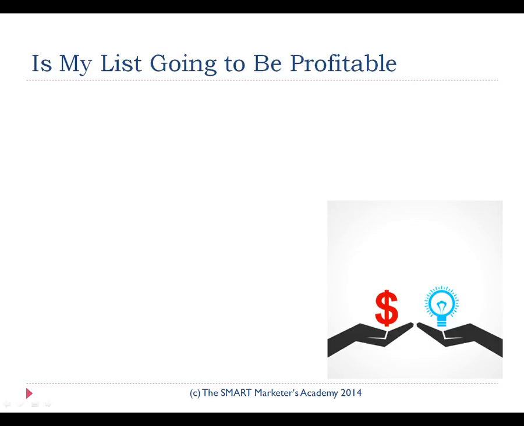So you need to make sure that what you do is profitable, and who you do it with is also profitable, that they can afford the services that you are providing. So the question we're trying to answer is: is my list going to be profitable?